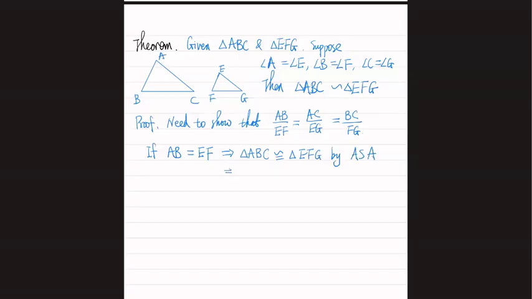So in particular, all sides have the same length. The ratio is 1. Similar. It's a special case. So this case is easy.